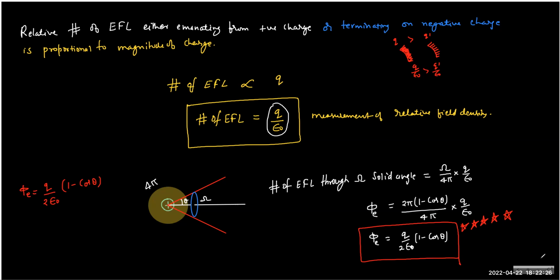So we'll see some use to understand what we are trying to do. Now we can come to the concept of plus minus charge. If we have a plus charge which is isolated, or a minus which is isolated, then plus will emanate and minus will terminate explicitly.